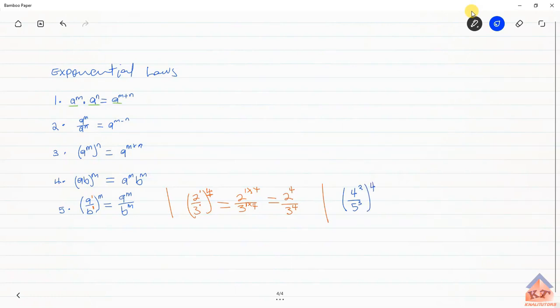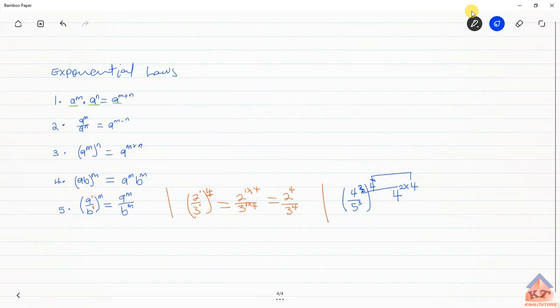In a case like this, you'll simply have to multiply these two exponents. You write the base 4 and then have 2 multiplied by 4. This 2 comes from here and this 4 comes from here.